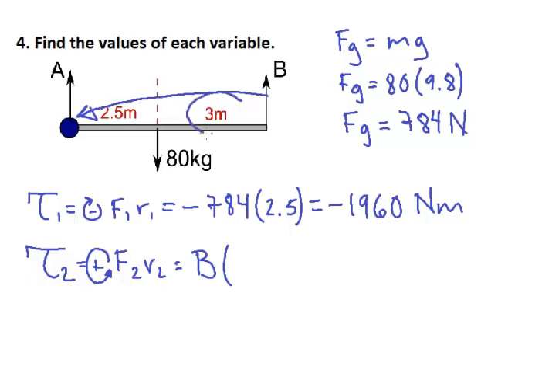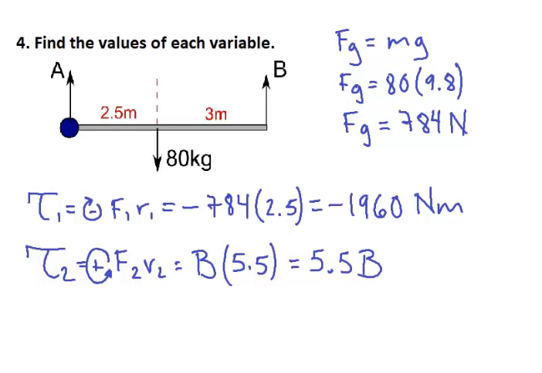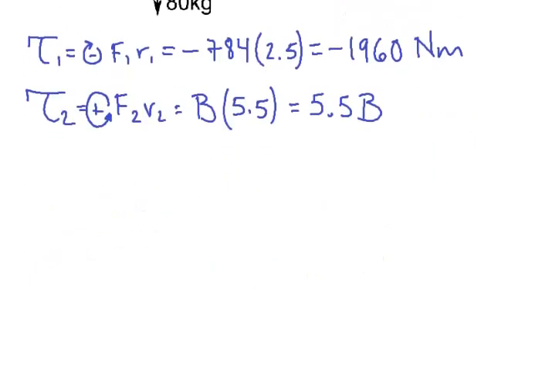What is the distance? It's not 3, it's 5.5 meters. So if I multiply that, it will give me 5.5 B. Those are the two torques that are going to be acting with each other in here. The other one is 0, so I'm not going to consider it.